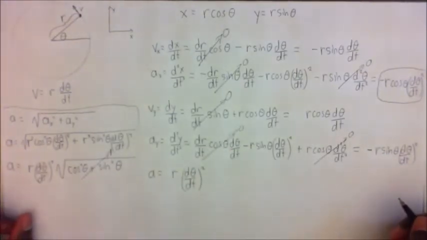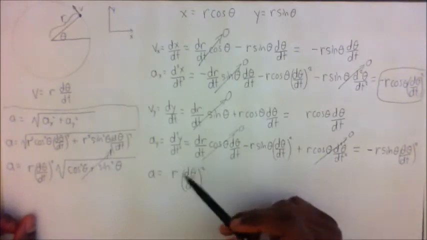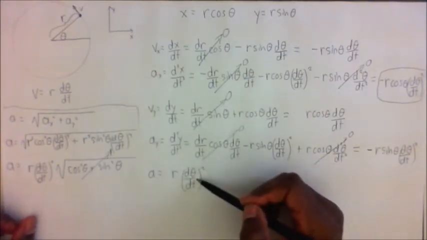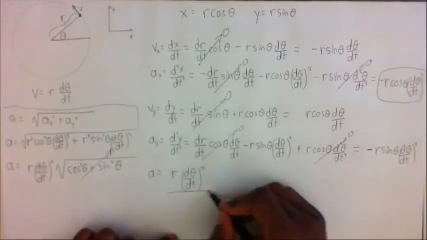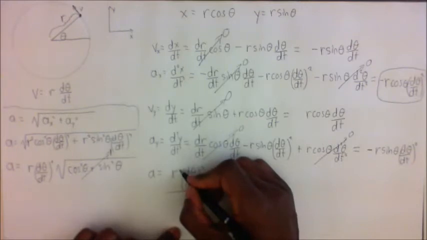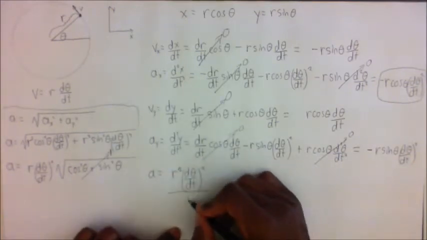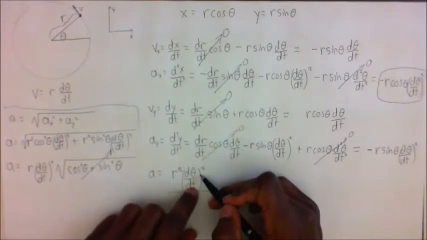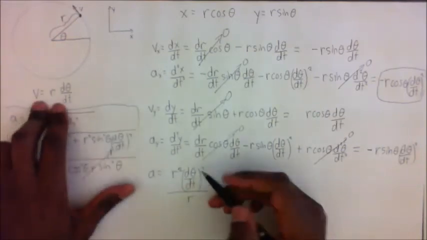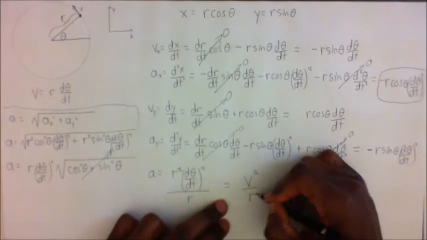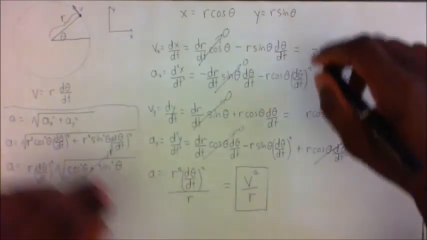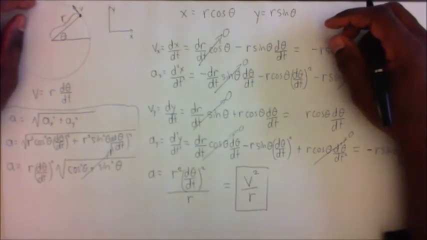Now its acceleration is equal to the radius times the angular velocity squared. I can multiply by r divided by r, so it's going to be r squared over r. Well, r squared d theta over dt squared is the velocity squared. So the acceleration is equal to the velocity squared over r. And what we have here is the formula for the centripetal acceleration.